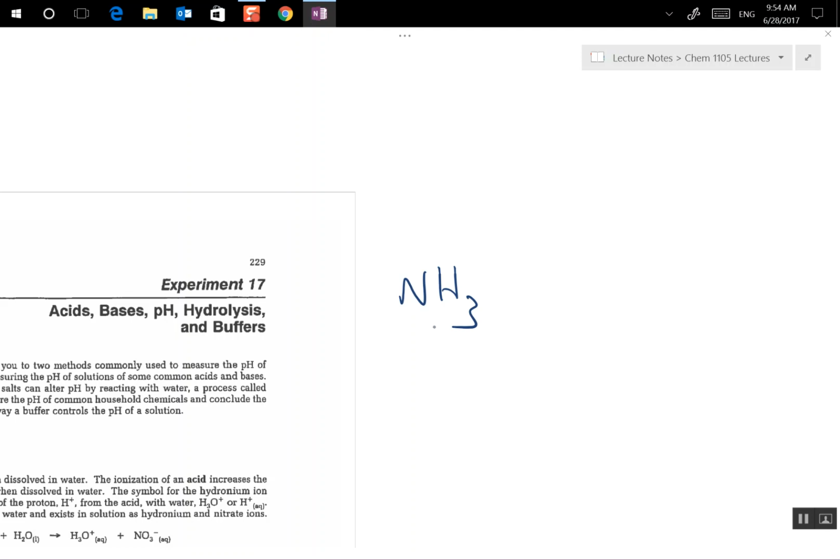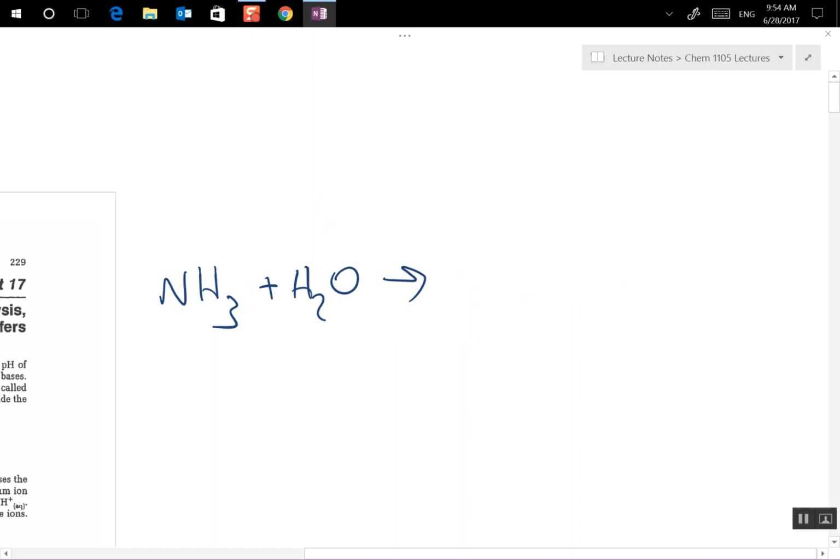But if you consider it in the reaction with water, NH3 acts as the base, and it accepts a hydrogen. Where does the hydrogen come from? From water. And it becomes NH4 positive, ammonium, plus OH minus.